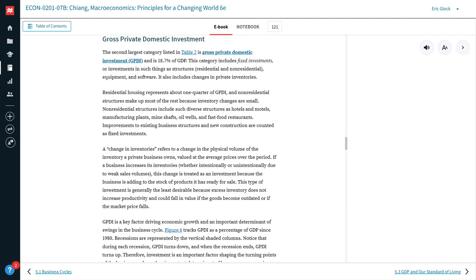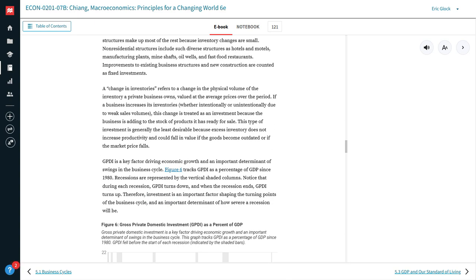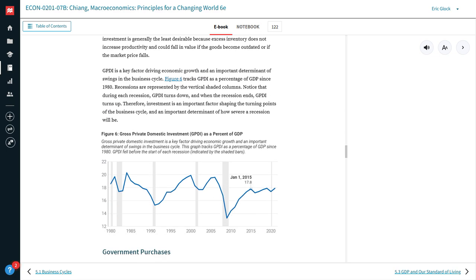A little note here about investment. It's a little bit interesting. If GDP investment goes down, then we're headed for a recession. So there's another little recession indicator here, which is not really a predictor. It's just an effect. It's not a cause of a recession. It's an effect of a recession. When there's a recession, businesses don't think they're going to earn money, so they close shop or they cut production.